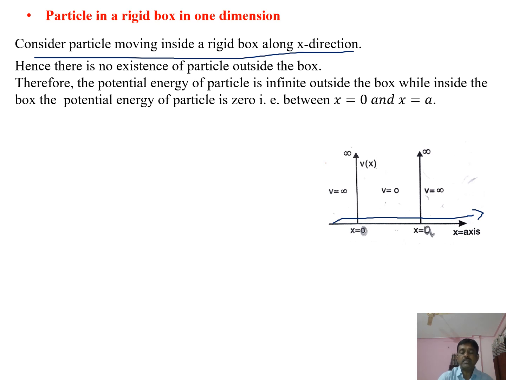That is, the potential energy of the particle becomes infinite outside the box, while inside the box the potential energy of the particle is zero, that is, between x equal to 0 and a, its value is 0.